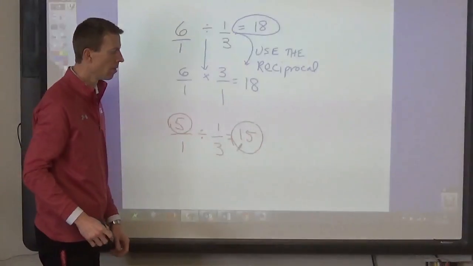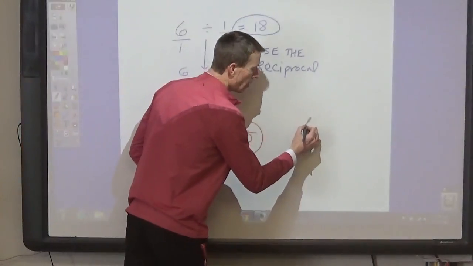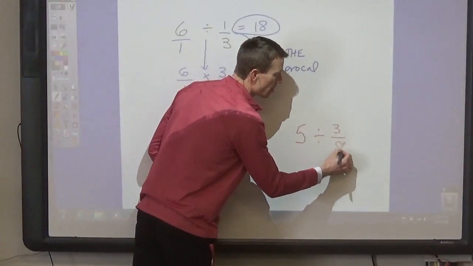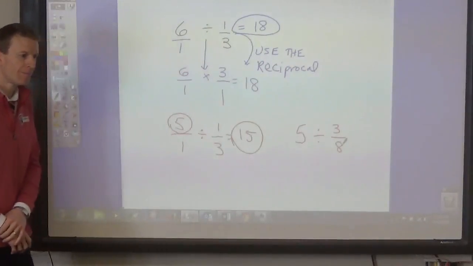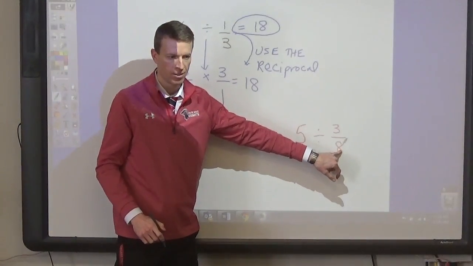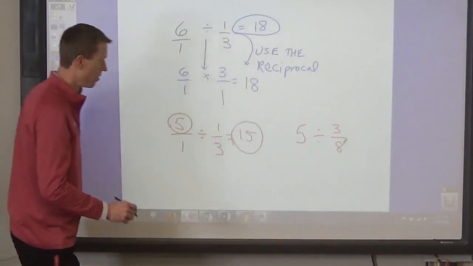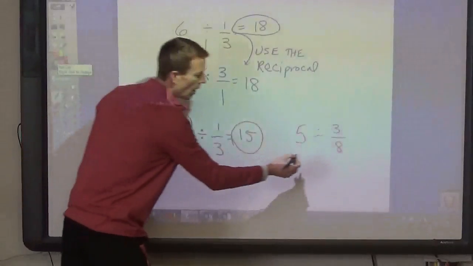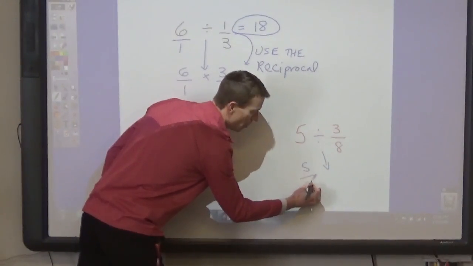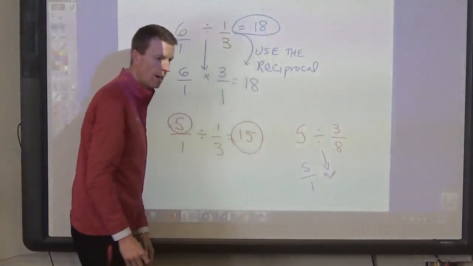Okay? Now, let's change your problem a little bit though, and let's say that we were doing 5 divided by 3/8. Now we can't just multiply by the bottom number to get the answer. Okay? Because we have to change the problem to multiplication. No, you just rewrite it. 5 over 1, times, change it to times.